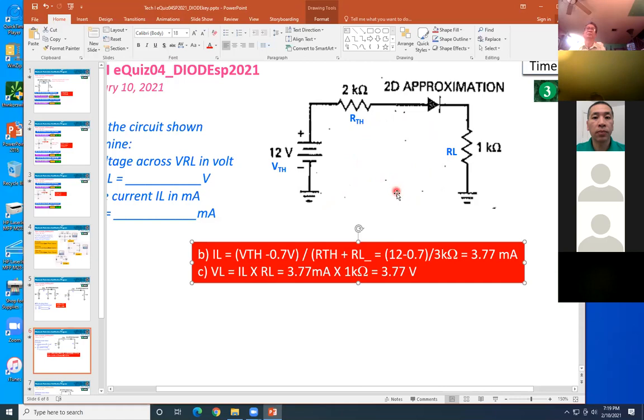Okay. Yeah. Okay, I got it now. Then you take the I times the 1K, and you get the load voltage. If you want VL, IL times RL.